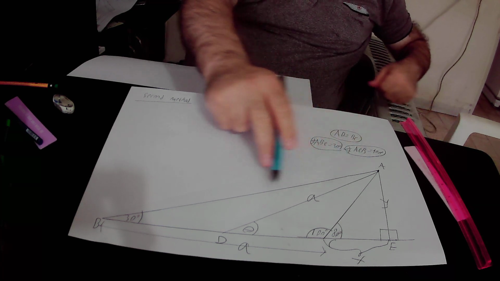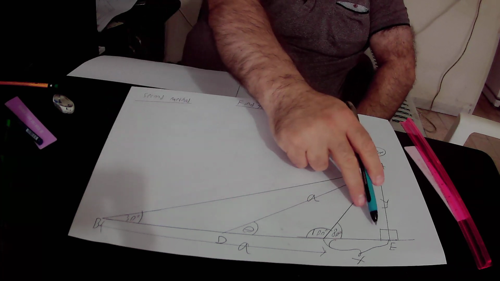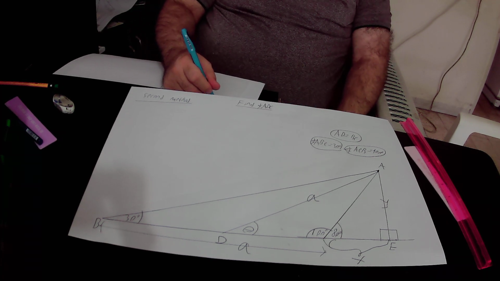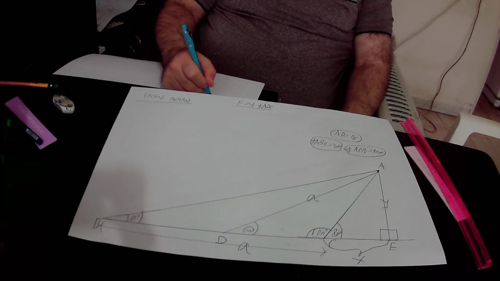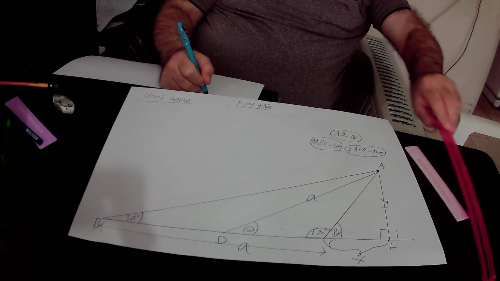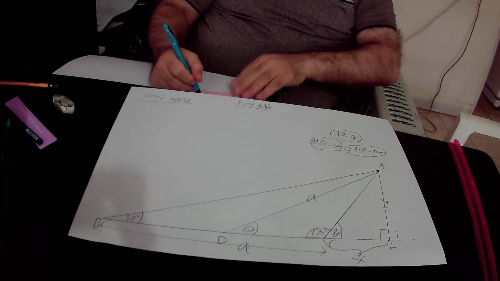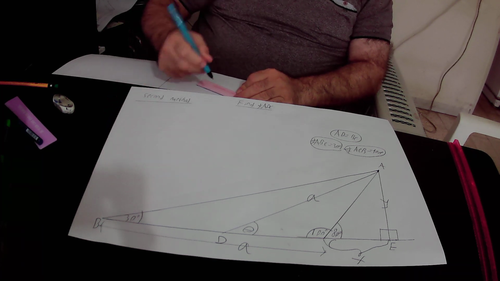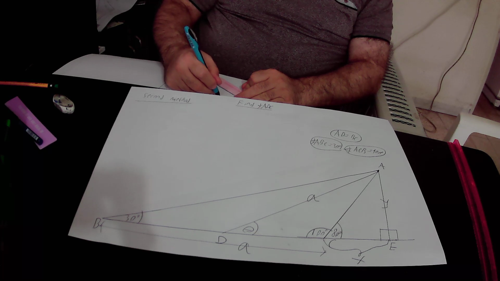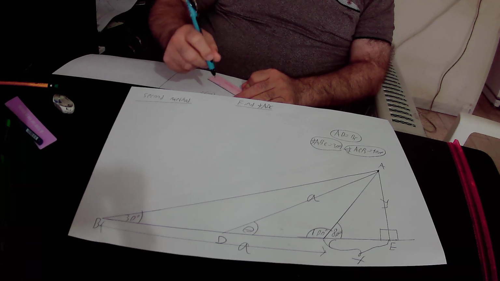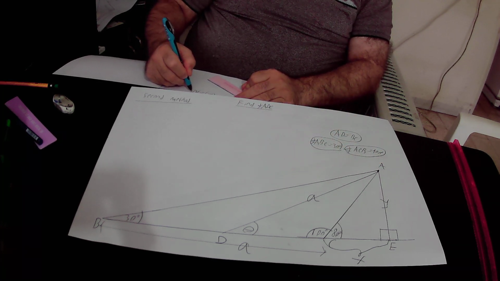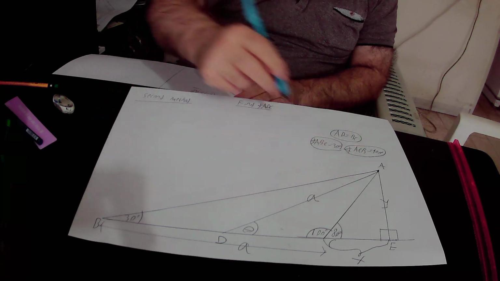On the right triangle ABE, we know that tangent 30 degrees equals AE over BE.